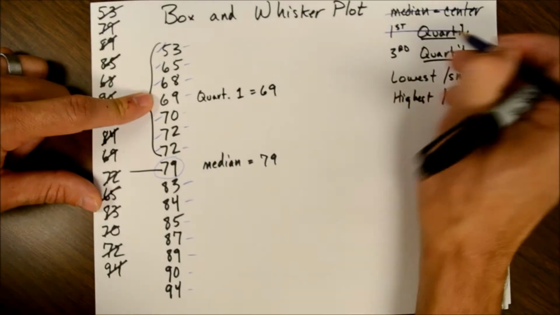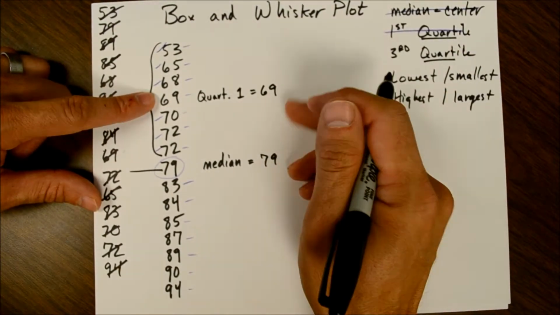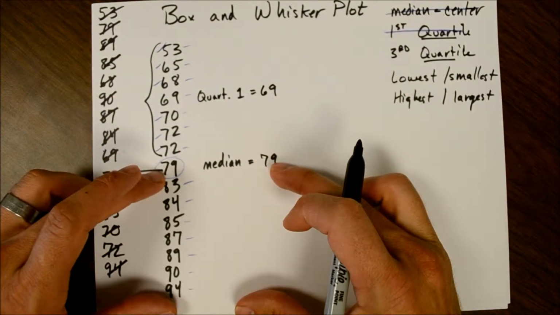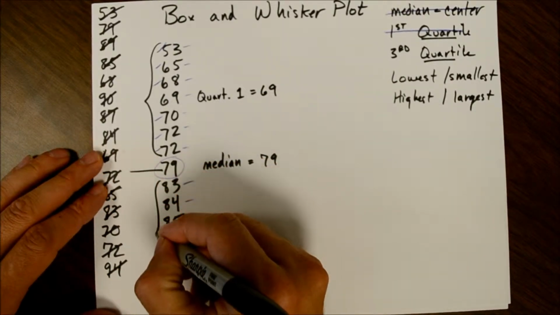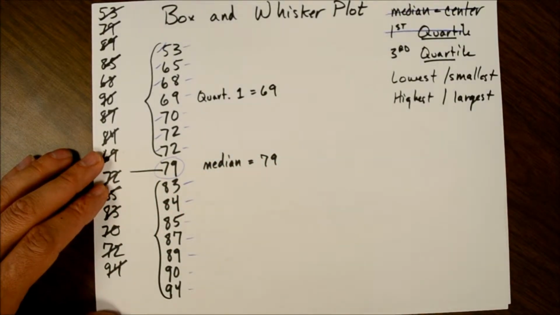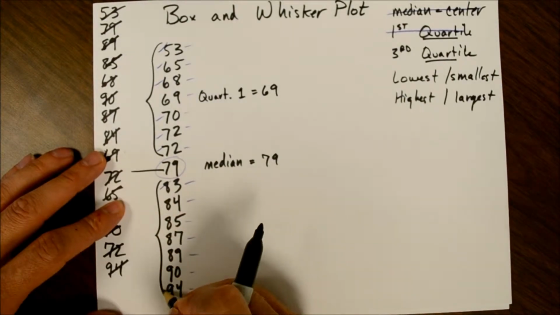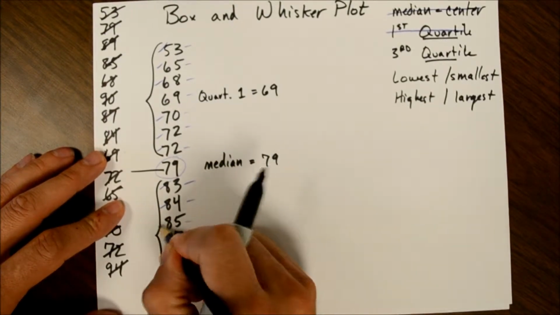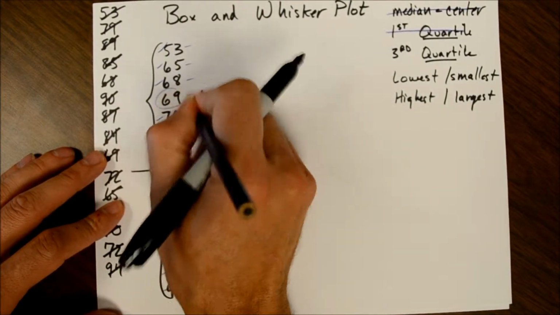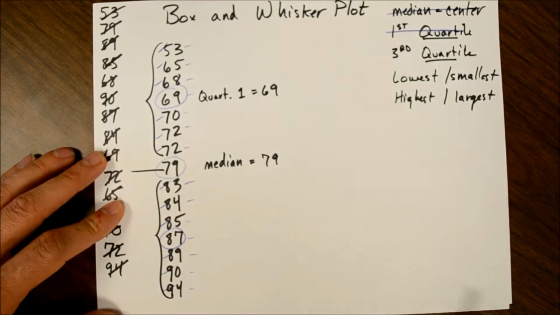Found the first quartile. The third quartile is much the same. It's the median of the bottom half. So we look at this bottom set of numbers and we look for the median. Look at that. That middle number is 87.